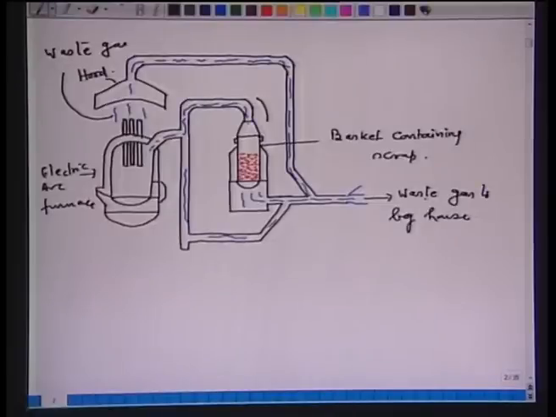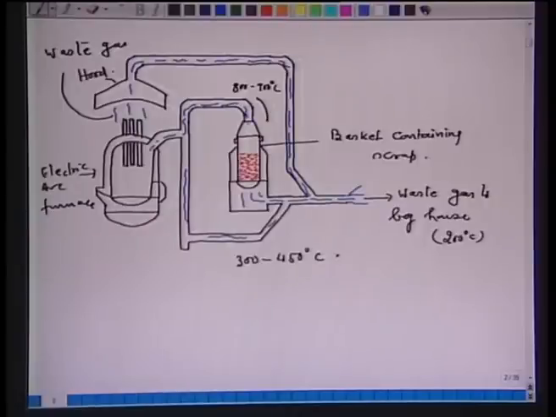Now, here the waste gases may be entering at around 800 to 900 degrees Celsius. The waste gases which are discharged to the bag house are of the order of 200 degrees Celsius. The scrap gets heated up to a temperature of 300 to 450 degrees Celsius. Now, remember, this method is a sort of discontinuous one.